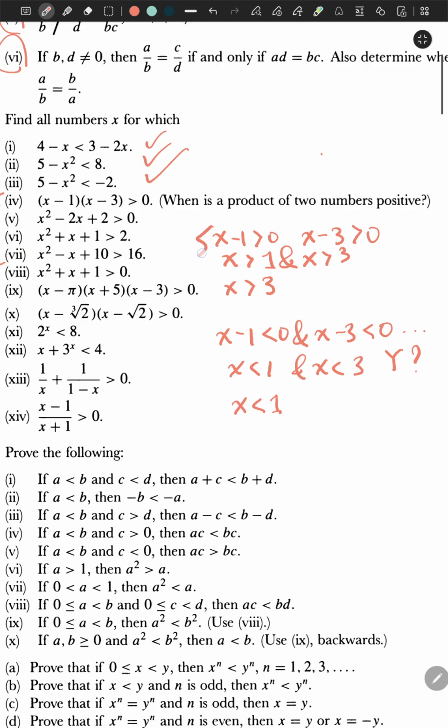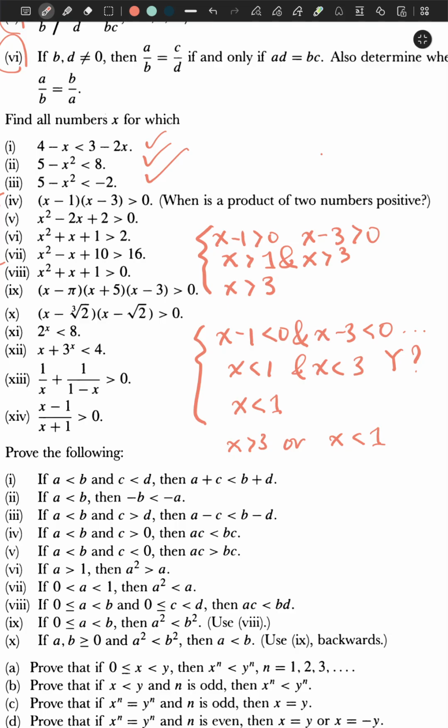So by these two, we know x either has to be greater than 3 or it has to be less than 1. That way we satisfy (x − 1)(x − 3) > 0. Okay?